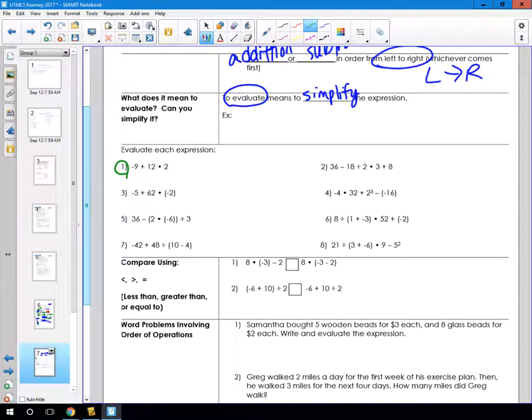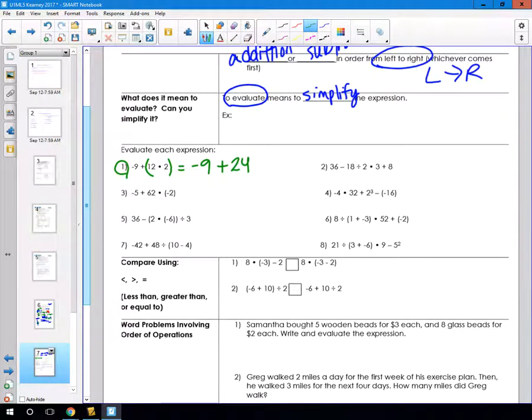So order of operations, do you see any parentheses? No. Do you see any exponents? No. Do you see any multiplication or division? Yes, so we're going to do that first. So we're going to do this right here, the 12 times 2. So we have -9 and 12 times 2 is 24. And then order of operations tells me I'm going to simply do that addition next.